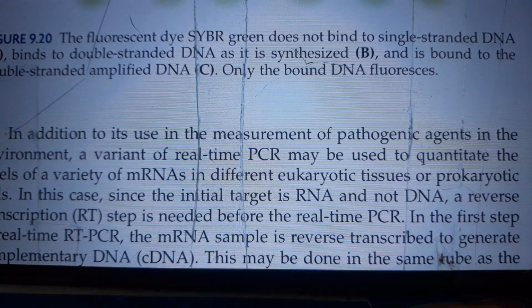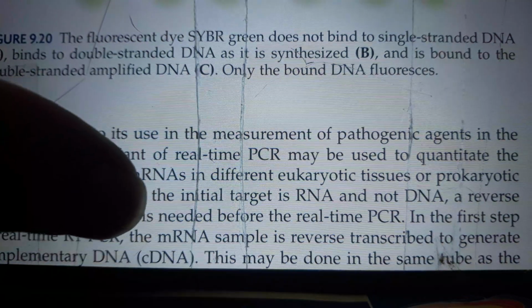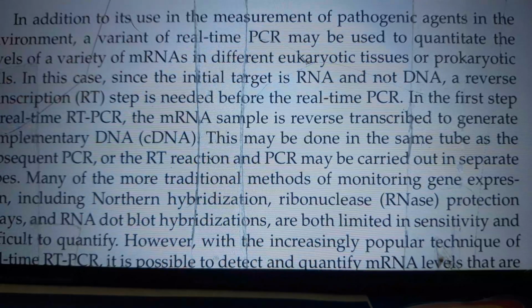In addition to its use in the measurement of pathogenic agents in the environment, a variant of real-time PCR may be used to quantitate the levels of a variety of mRNAs, in particular in different eukaryotic tissues or prokaryotic cells.